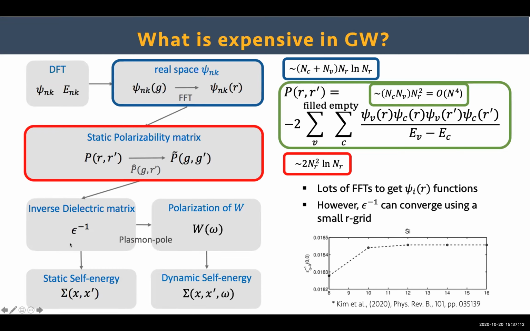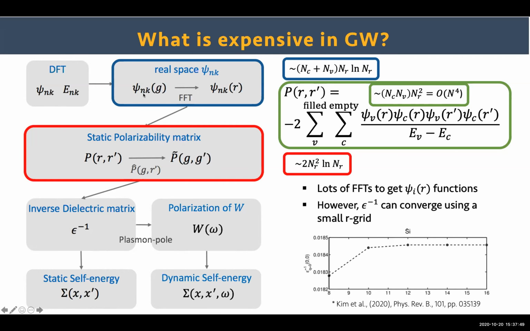From here, you can get the screened Coulomb interaction, and then you can get the dynamic self energy or static self energy, depending on whether your energies are frequency dependent or not, so that these self energies can be used to determine the band gap of your material. But the most expensive part of a GW calculation is getting the polarizability matrix.